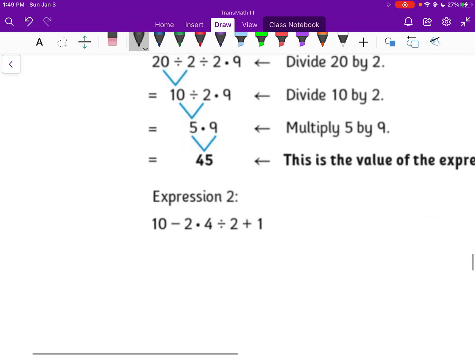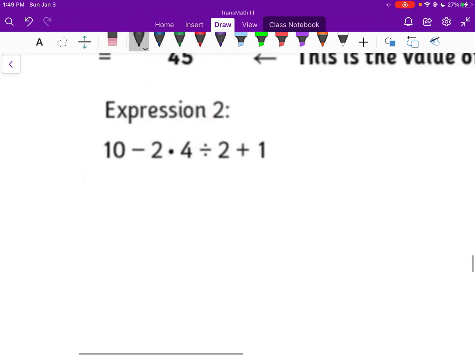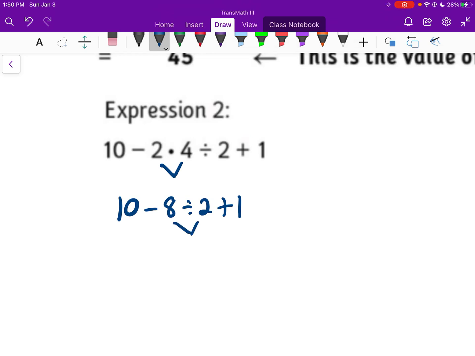Okay, so expression 2 now. We have 10 minus 2 times 4 divided by 2 plus 1. Again, we have our levels of thinking. We have to do our multiplication and division first, but we have to work from left to right, so the 2 times 4 needs to happen first. So we're not going to do anything with the 10 minus. 2 times 4 gives us 8. Then we have divided by 2, so 8 divided by 2 gives us 4.